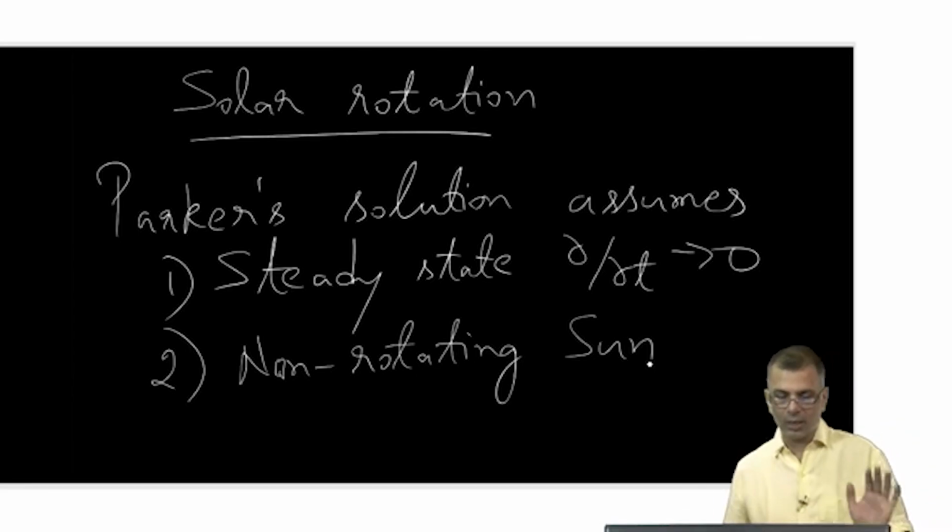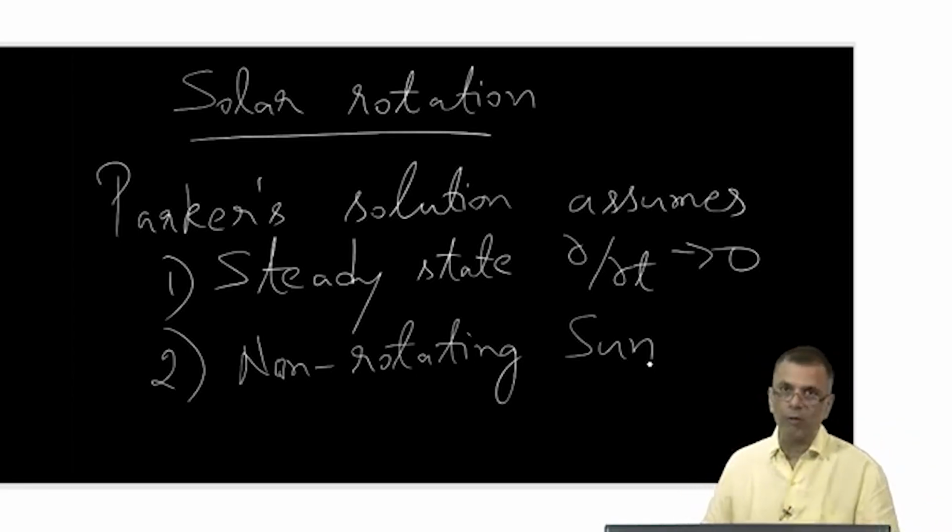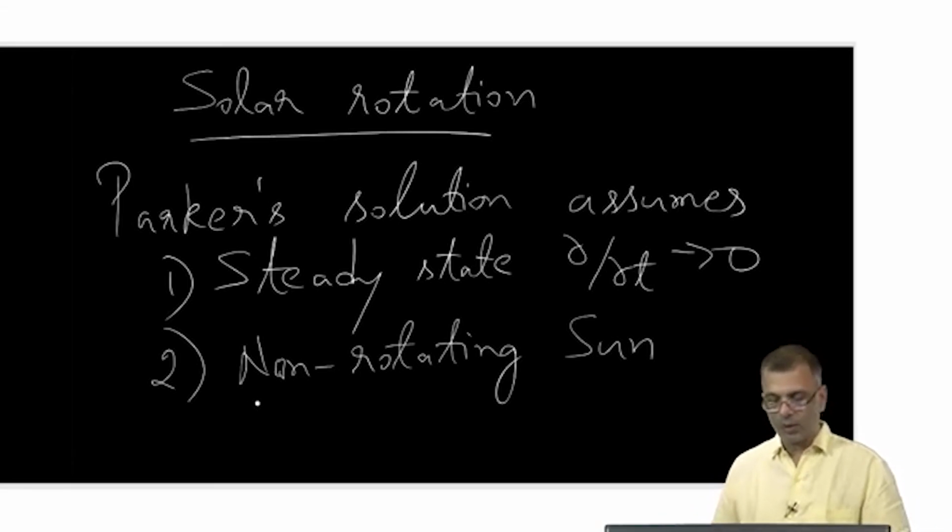Right. This is what Parker's solution assumes. It assumes that you have steady state, and that is true for all the solutions that we discussed. Steady is common, and we are not going to relax this in what we are discussing now, but we are going to try to examine the effects of the fact that the sun actually rotates.